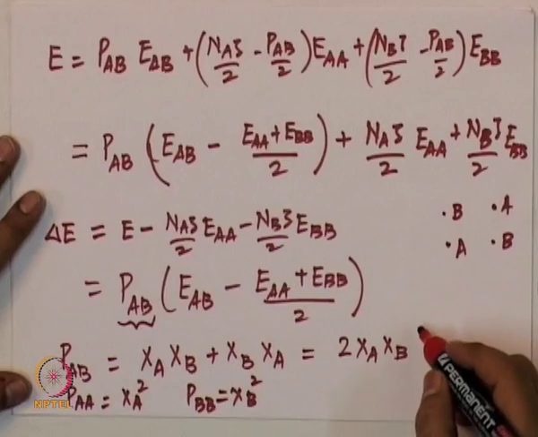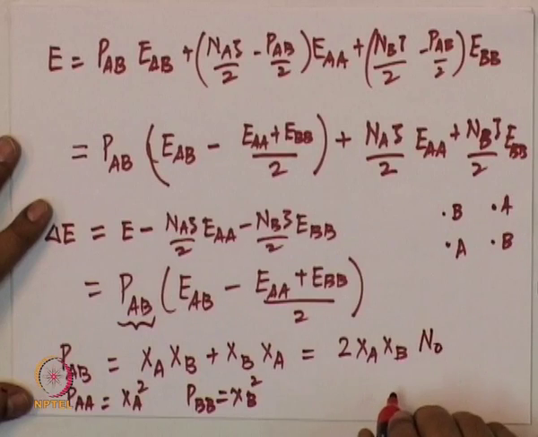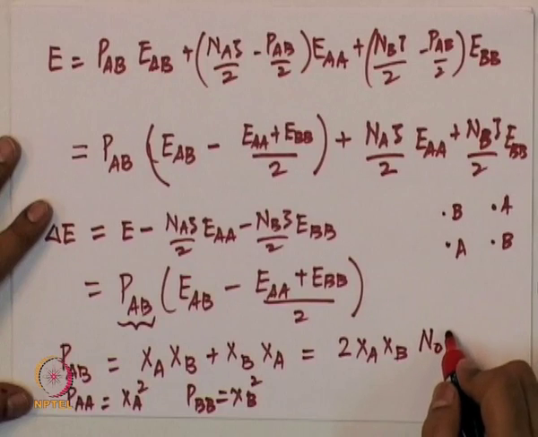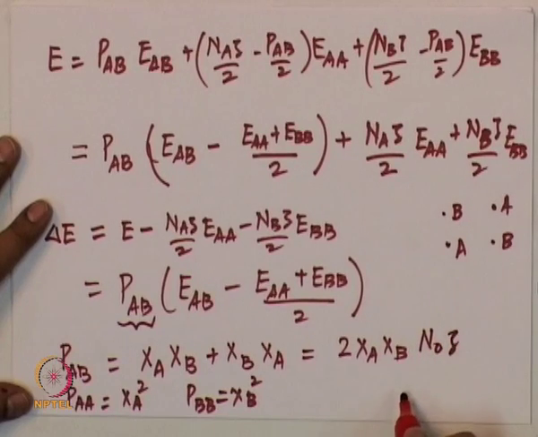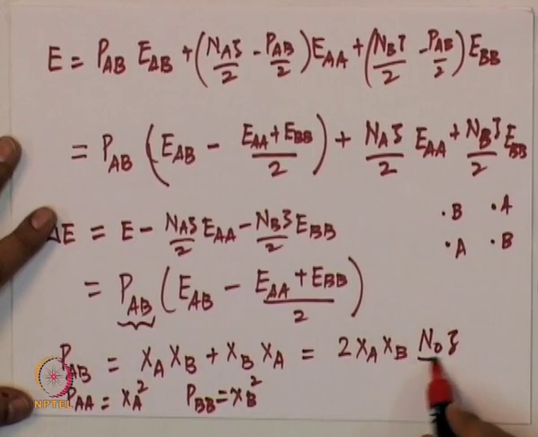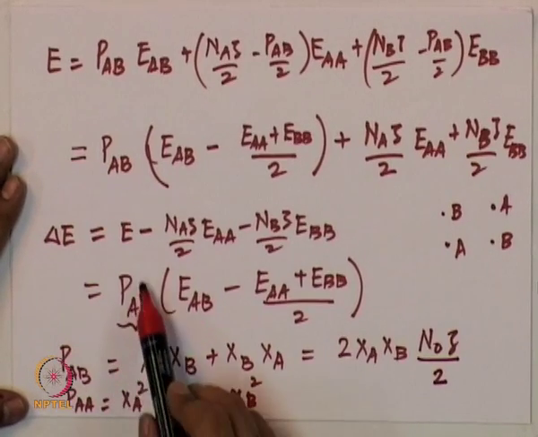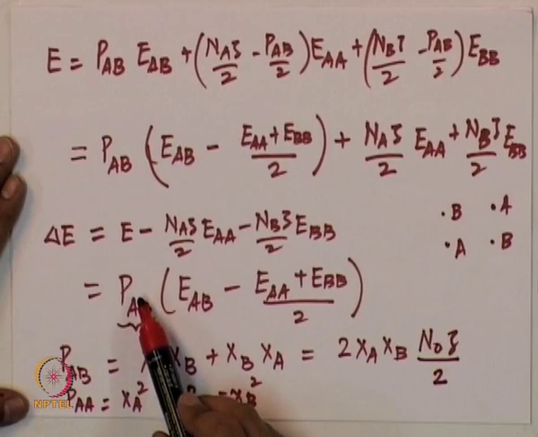We also have to consider that there are going to be N0, the Avogadro number, of sites. So this is the probability, and for each site there are Z bonds, and then we are considering pairs, so we have to divide by 2. So this quantity is basically the total number of AB bonds.